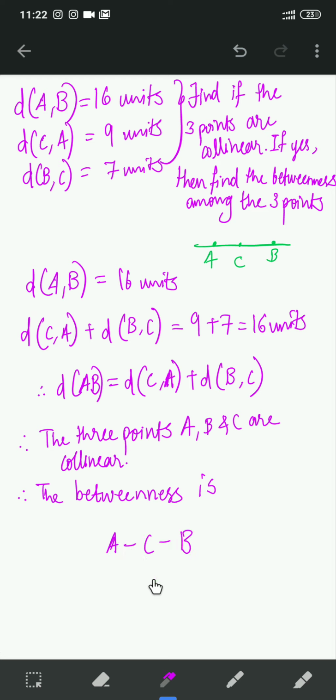Remember, C is in between, so this is how you write it. I hope you understood how to find if the points are collinear, and if they are collinear, how to find the betweenness.